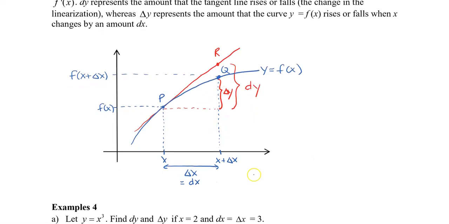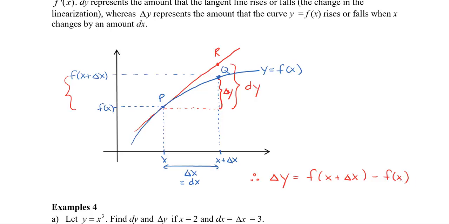So therefore, delta y equals the difference between these two values. That is f of x plus delta x minus f of x, and that will give us delta y.